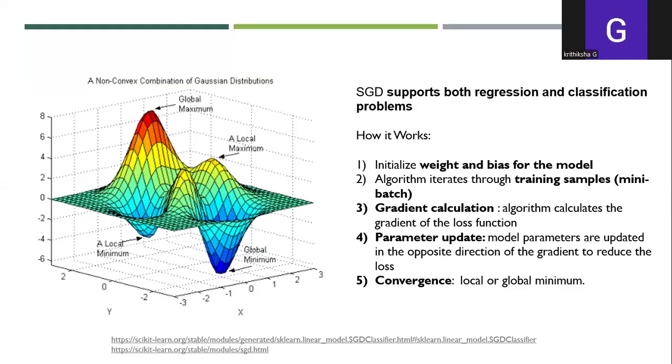And as I said, stochastic gradient descent supports both regression and classification problems. How it works is it finds the initial weight and bias for the model. Then the algorithm iterates through the training samples batch by batch, so it gets only a subset of the entire training data. Then it calculates the gradient of the loss function, the gradient of the errors, the measure of the errors, and updates the parameters in the opposite direction of the gradient in order to reduce the error, and at the end it reaches the global minima.